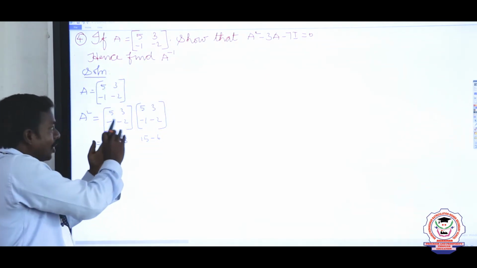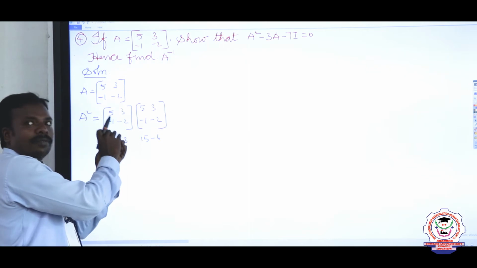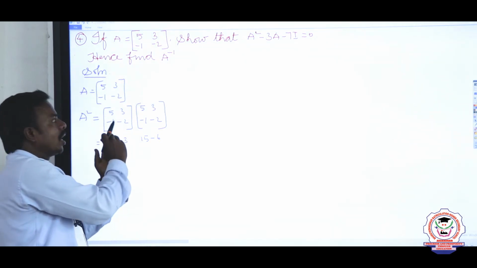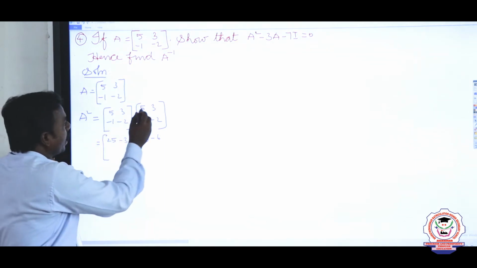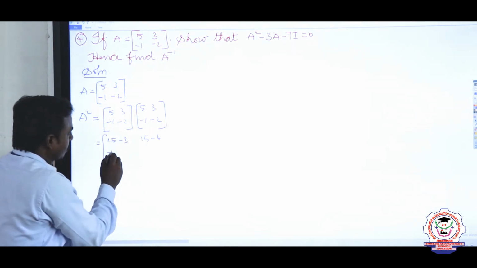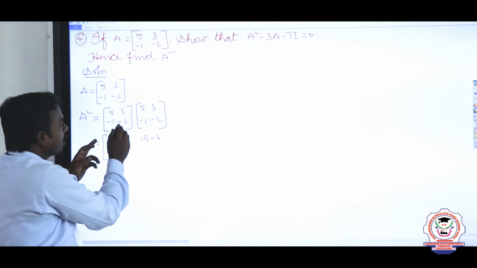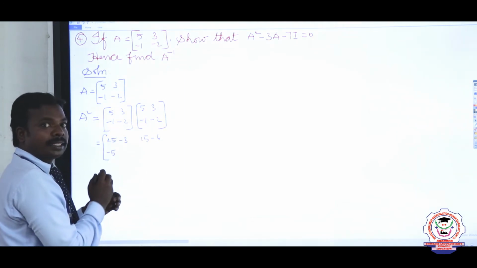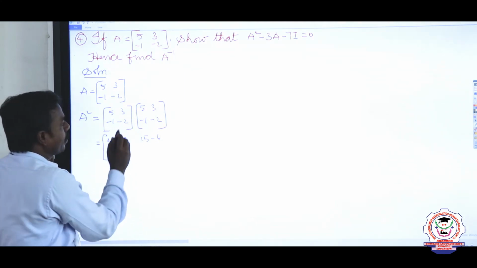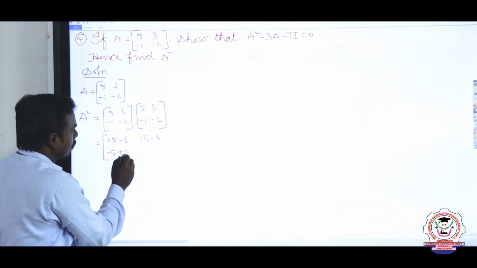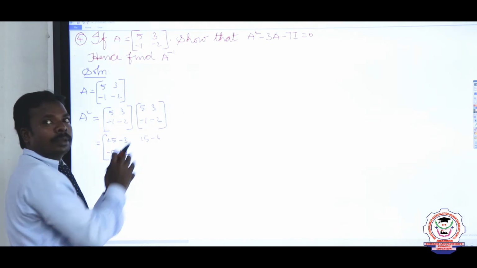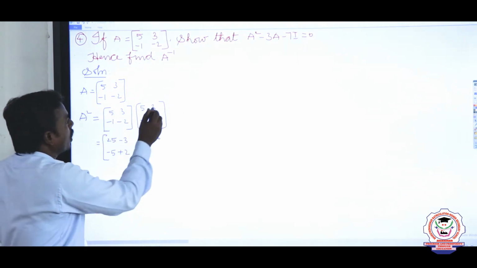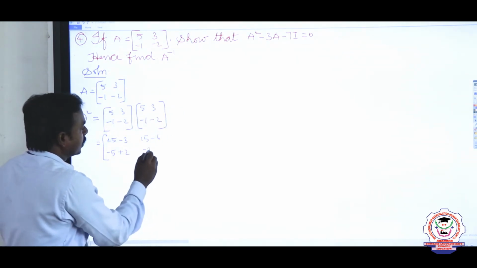So, the second row of the first matrix operated on first column of the second matrix. Listen, minus 1 into 5, minus 5. Minus 2 into minus 1, minus to minus plus, so plus 2. Then, second row operated on second column of the second matrix. Minus 1 into 3, minus 3.